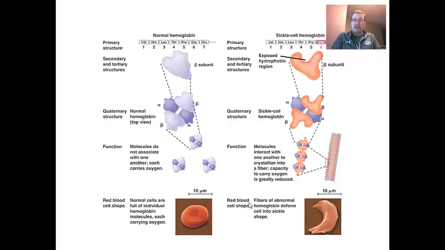Okay? And here's that example. One change changed how the whole protein came together. Here's a normal red blood cell, here's a sickle cell. This obviously will not be able to bind oxygen and carry it to the cells as it should.